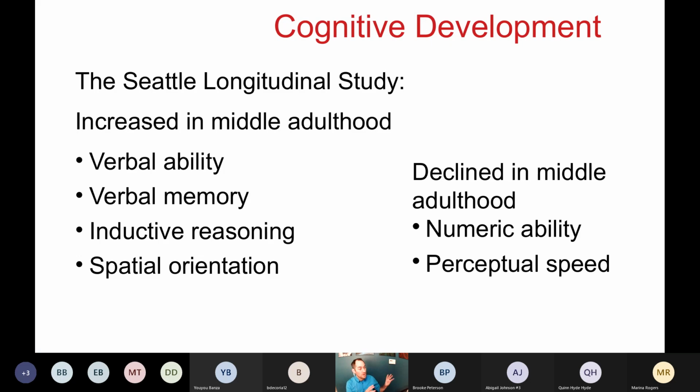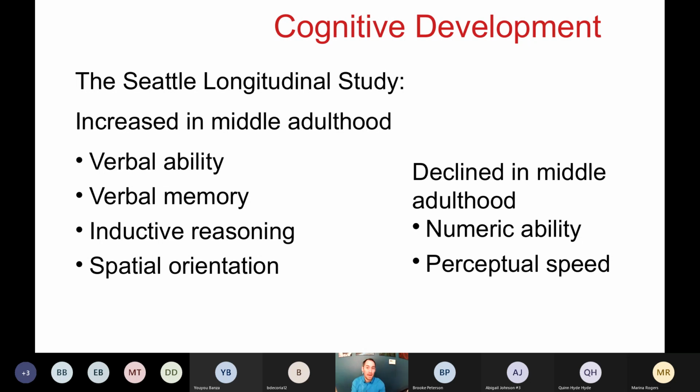So some things are increasing even in middle adulthood, and the main thing I wanted to point out with this longitudinal study and the other data we're going to be looking at is we oftentimes think of middle adulthood and late adulthood as times when you're declining, where a lot of those physical capacities towards the end of middle adulthood we talked about declining.